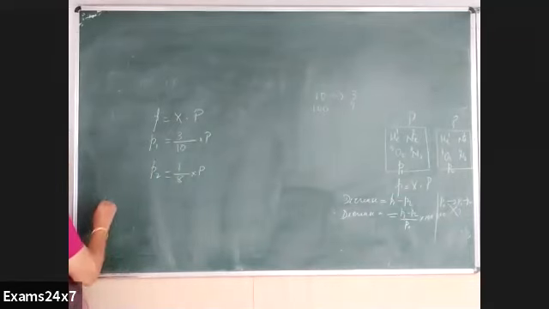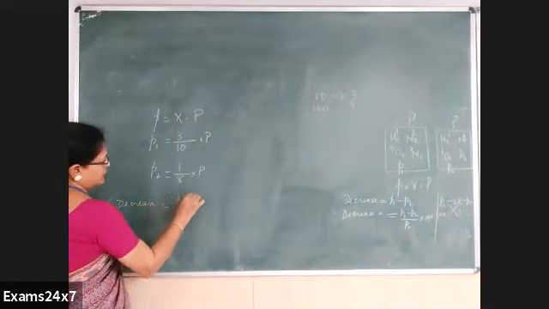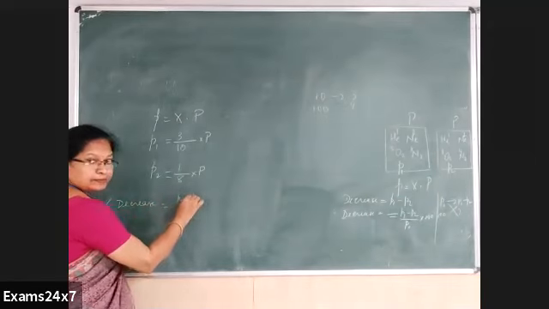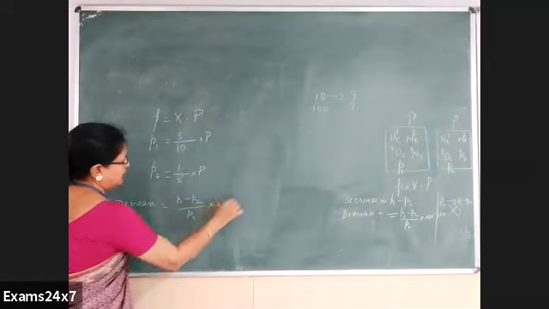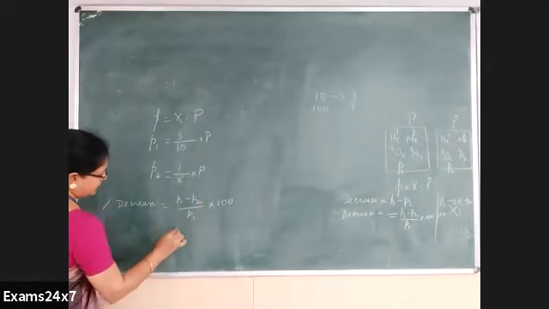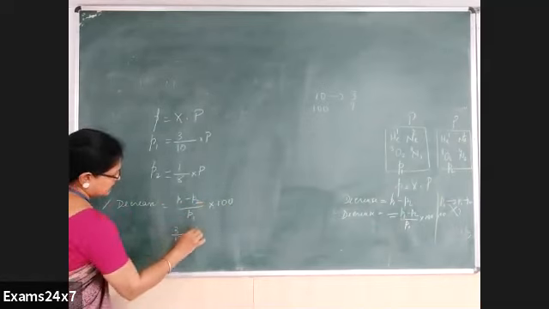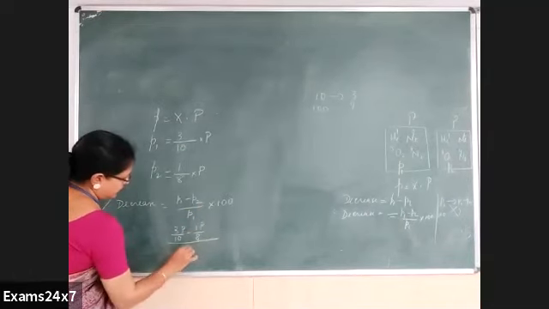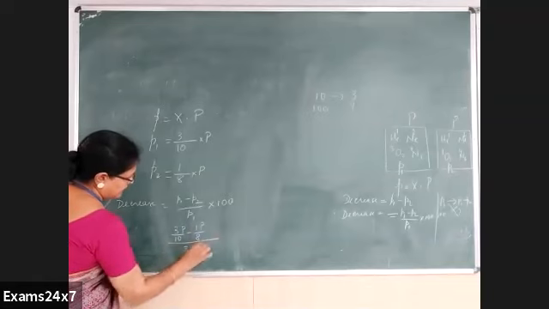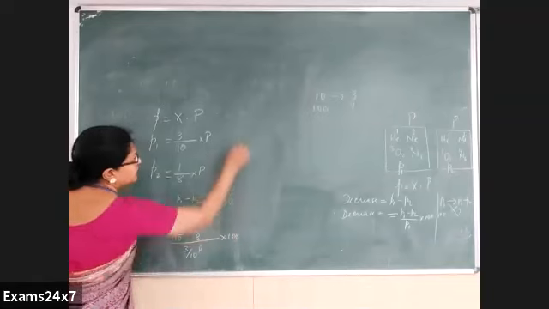Therefore, the percentage decrease, how much? P1 minus P2 divided by P1 into 100. P1 is 3 by 10 times P minus 1 by 8 times P, divided by 3 by 10 times P, into 100.